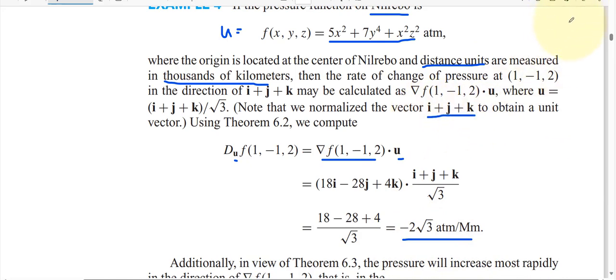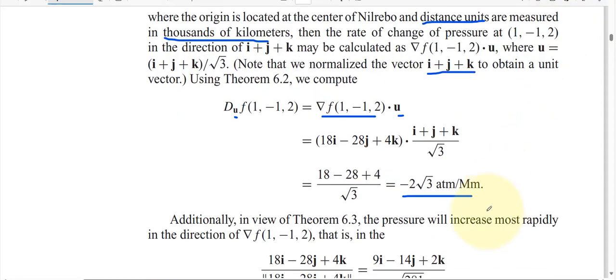But we might also want to know in which direction the pressure increases most rapidly. And we also had the answer to that. It's in the direction of the derivative, I'm sorry, of the gradient. So here's the gradient at this particular point.